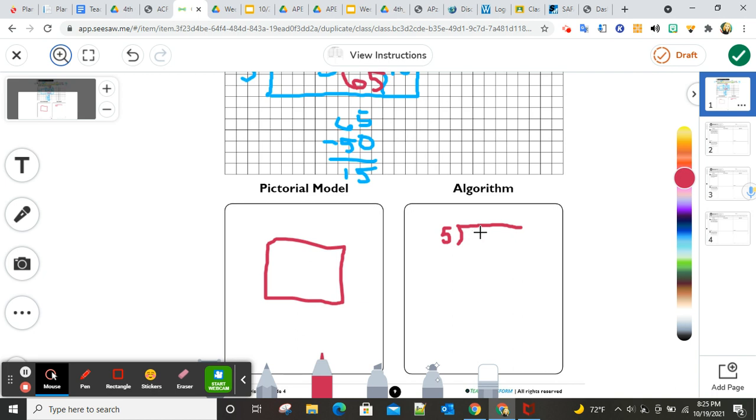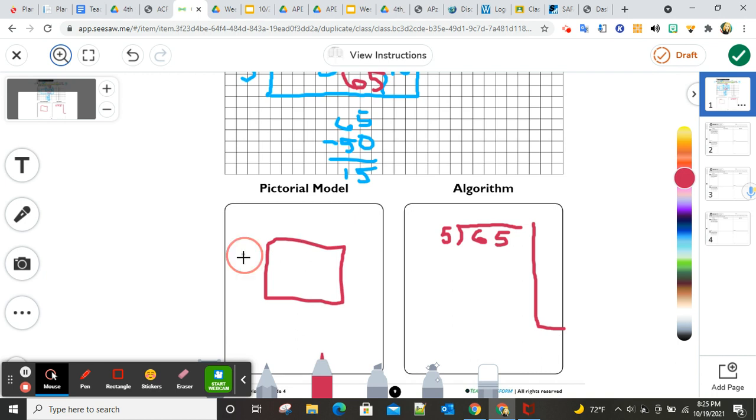I'm setting up my partial quotient. And I'm going to make an L like I saw in yesterday's video. That way I can keep track of what I'm doing.